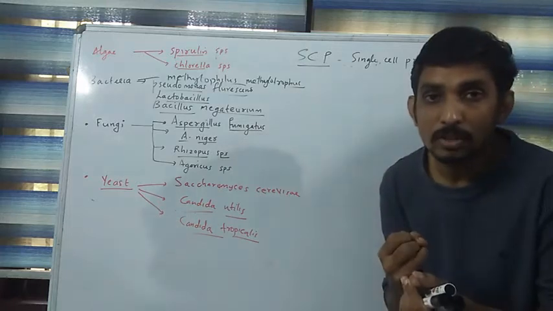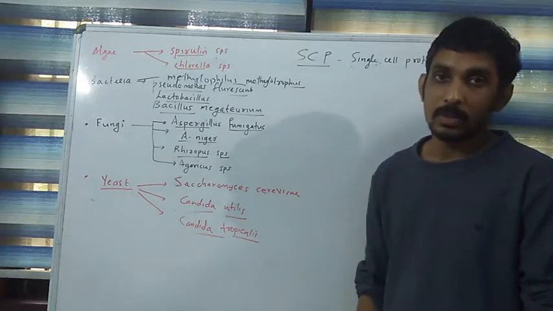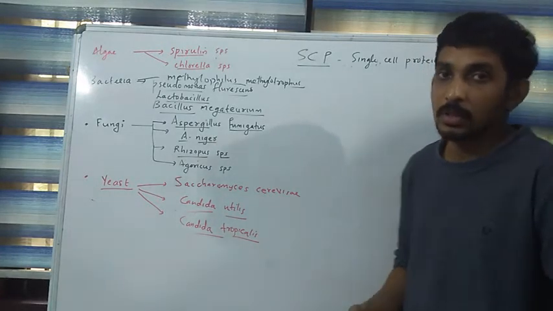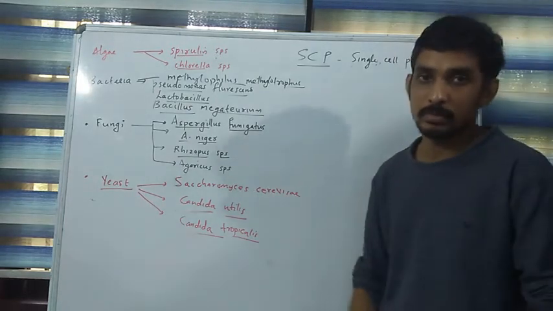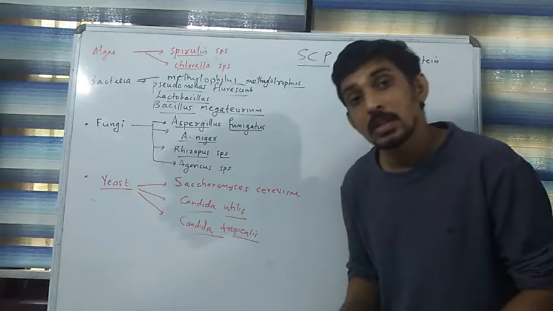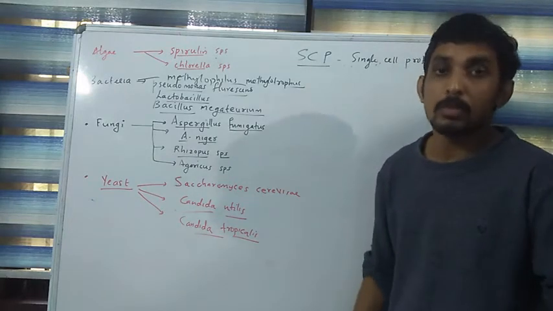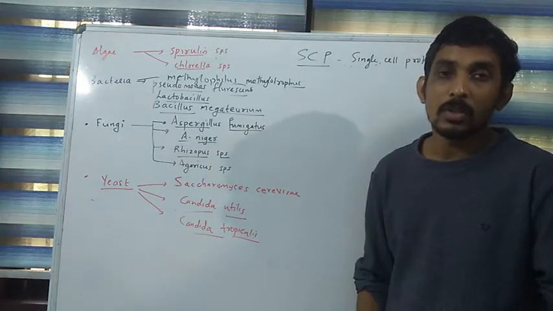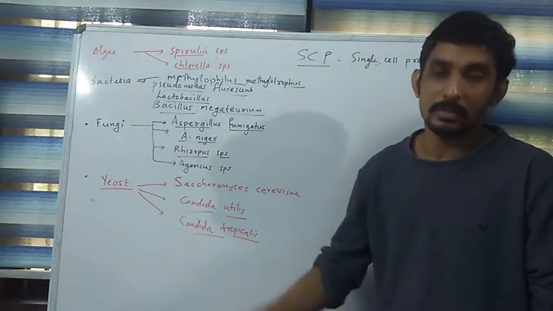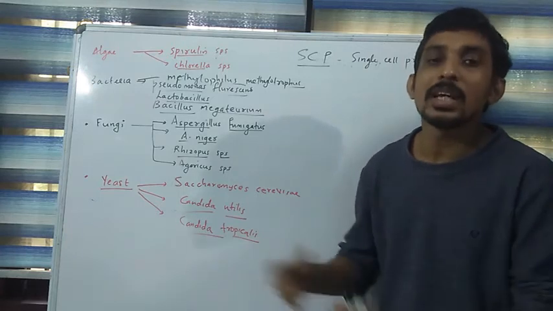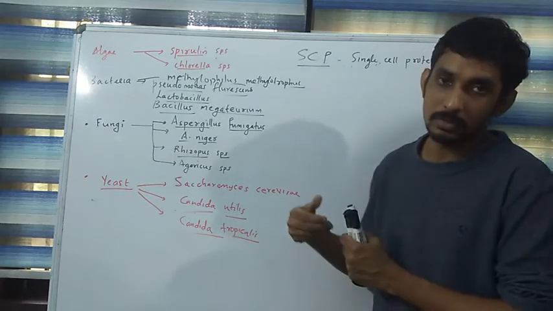And like that, its production cost is very low. Suppose we cultivate the Spirulina species, we can obtain the product within 1 week. Suppose we rear a cow or buffalo, we have to give a lot of fodder, a lot of expense to rear that animal, and only after that will we get a sufficient amount of milk.